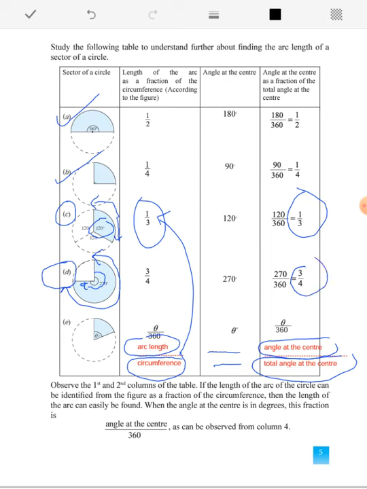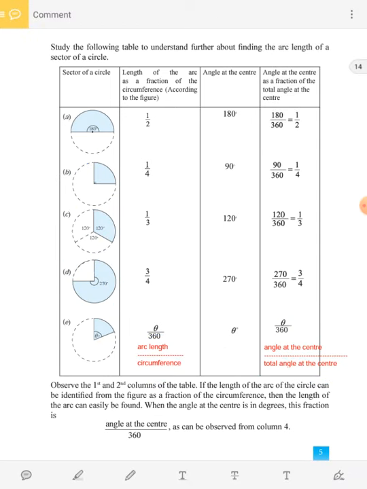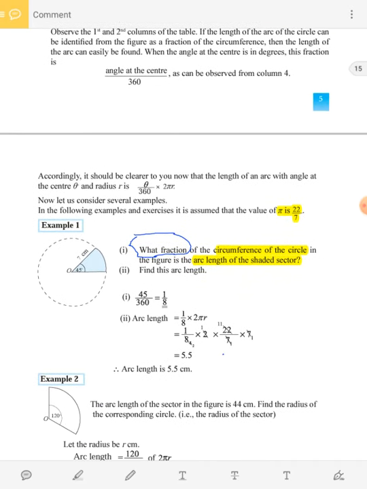So likewise, theta is an angle that we don't know, it's an unknown value, and we can divide by 360, that is a known value. So from that we can find the arc length. If you do a few examples, it would be clear to you all.